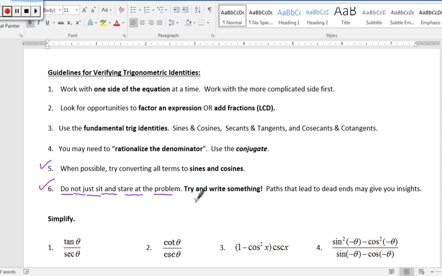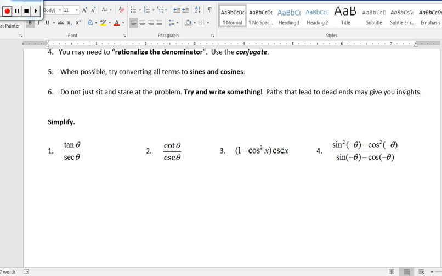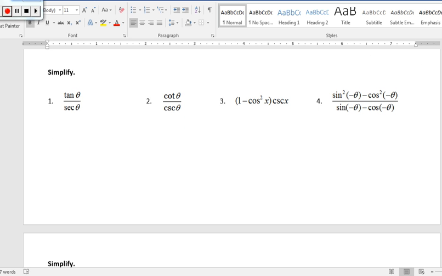All right, so for these first ones, we're going to start with simplifying the identities here. These are actually a little bit more tricky than when we have set equals. You don't really know where to stop. So we're going to just go through these. I'm going to look at tan theta, and I say to myself, all right, tan is sine theta over cosine theta, and secant's really 1 over cosine theta.